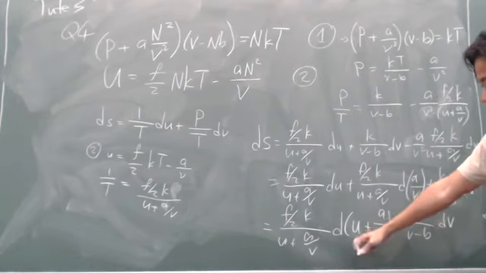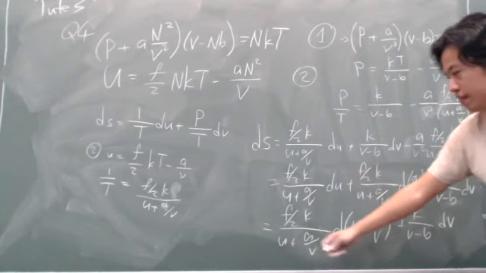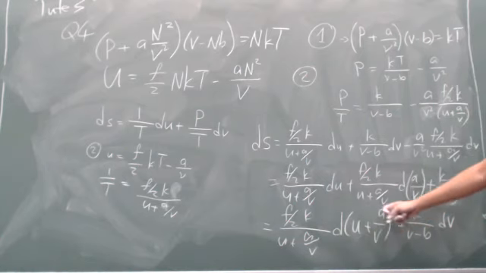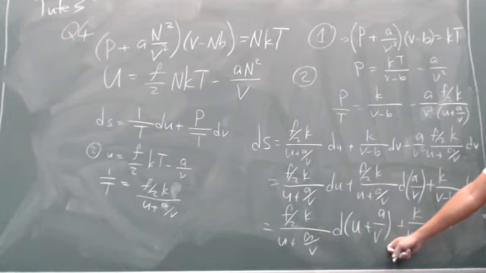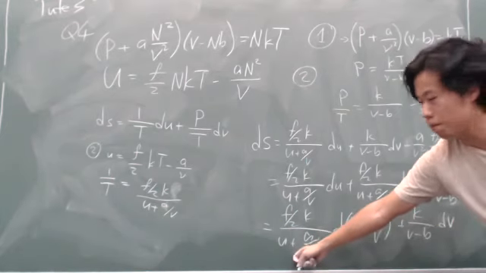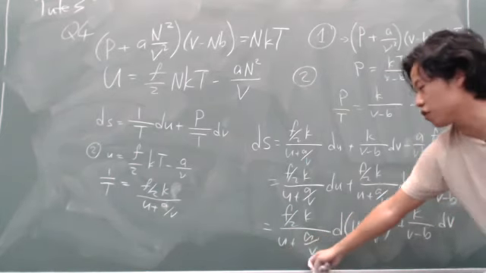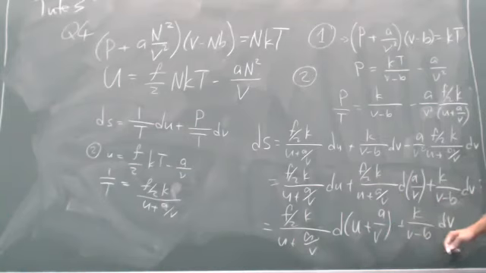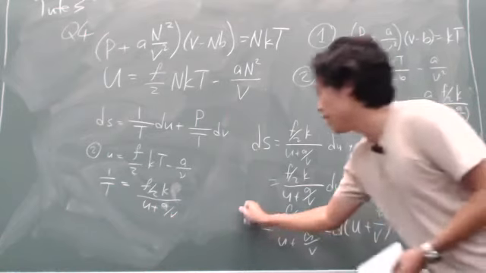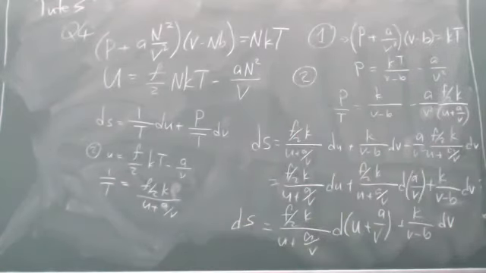If you integrate this, you're integrating over this combined variable of U plus A on V, and in the coefficient you have 1 over U plus A on V. So it's just going to be a simple log integral, and this is also going to be a simple log integral. So you can now evaluate this integral for S. Very straightforward.